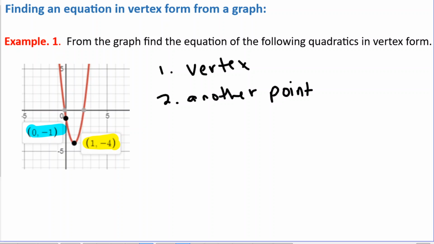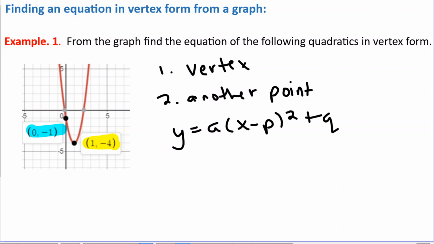So remember our base vertex form equation was y equals a(x minus p) squared plus q. Right? Make sure you're not missing that minus in the middle there. And we can solve any equation as long as we get it down to having only one unknown.